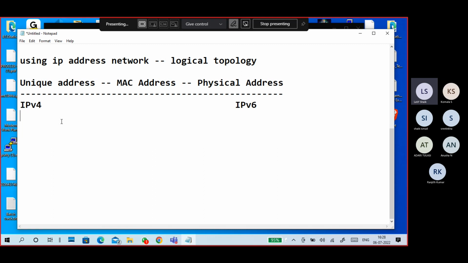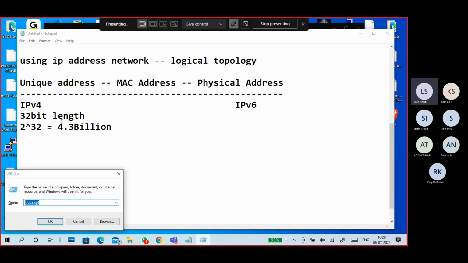Here is the point. IPv4 is 32 bits in binary, so the length of an IP address is 32 bits, like 010101, 32 binary numbers. So 2 to the power of 32 is 4.3 billion IP addresses.